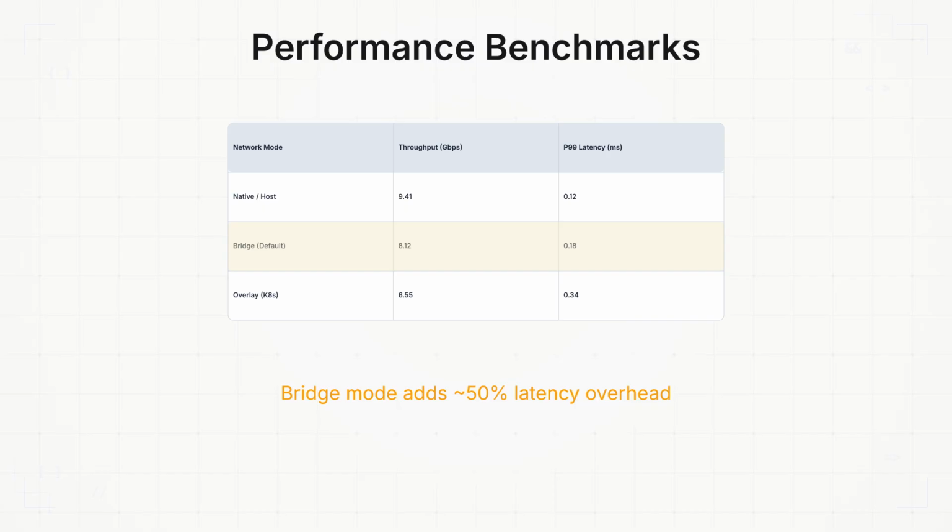In this table, we see the stark difference between host mode, where the container shares the host's IP directly, and the default bridge mode. Host mode is nearly identical to native performance because it bypasses the virtual plumbing entirely. If your application is sensitive to sub-millisecond jitters, like a high-frequency trading engine or a real-time cache, the default bridge is your enemy.